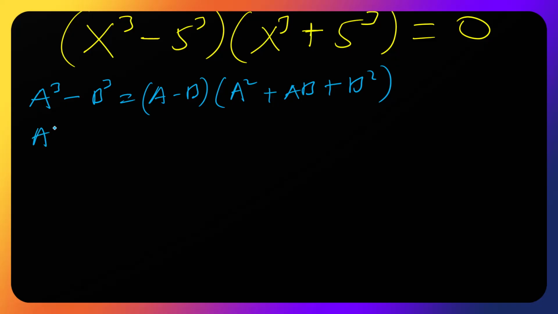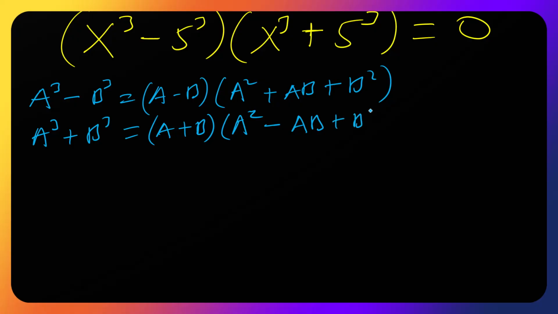And a cubed plus b cubed is the same as a plus b, times a squared minus the product of the two plus b squared.